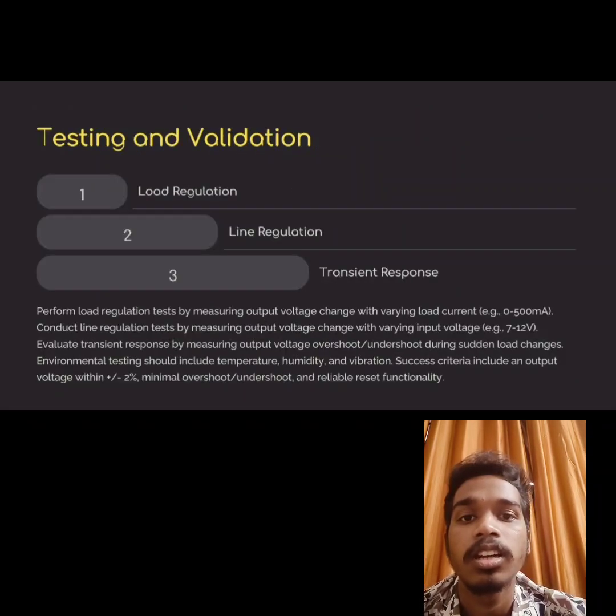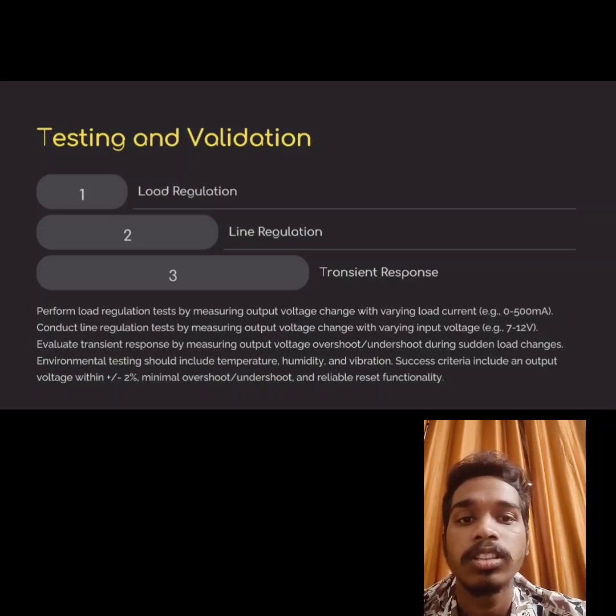Testing and validation. First is load regulation, second is line regulation, third is transient response. Perform a load regulation test by measuring output voltage change with varying load current. Conduct a line regulation test by measuring output voltage change with varying input voltage. Evaluate transient response by measuring output voltage overshoot and undershoot during sudden load changes.